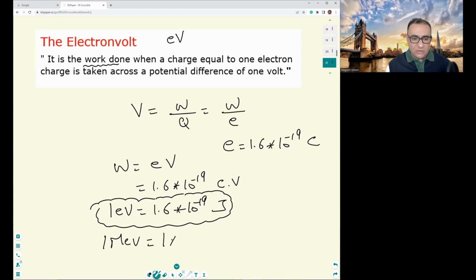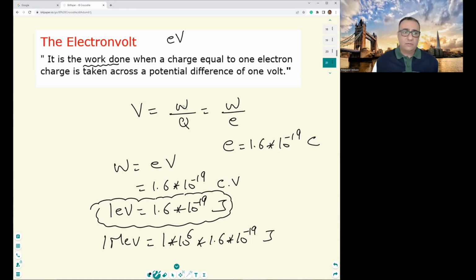So it's 1 times 10 to the power of 6 electron volt, but then electron volt is 1.6 times 10 to the power of negative 19 joule, and so on. So electron volt, as a very short summary, is a unit of work done, not a unit of potential difference. Very good.